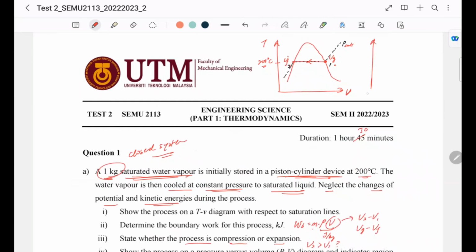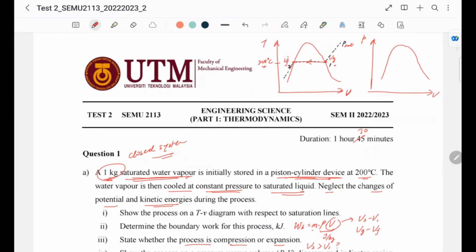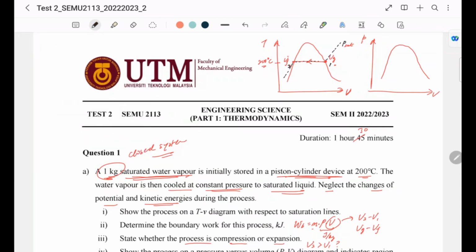So if we draw a corresponding diagram, this is v, now it's P. The dome is still the same, but the constant temperature line now goes like this.